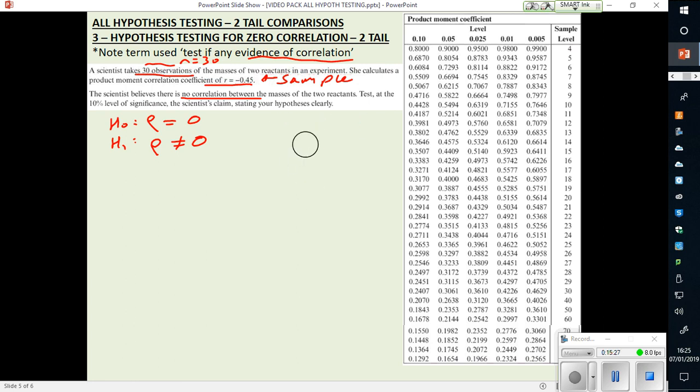So what we do is we say, what's our sample size? Our sample size is 30. And what you've got to the right here is a table, and this is what you're going to have in your exam and what you're going to use in class, a table of all the pre-calculated r results. Really we're going to use this. There's a hell of a lot of complicated maths behind this table.